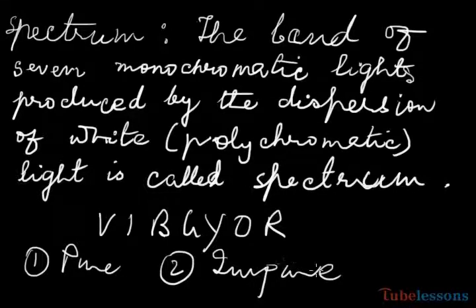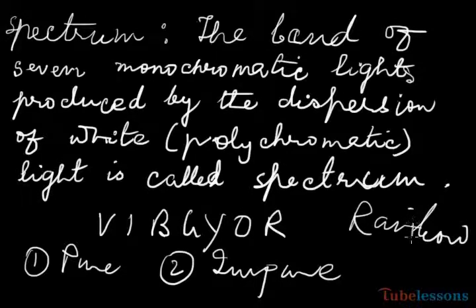The example of impure spectrum is rainbow. It is impure and it is a natural spectrum. What is rainbow? Just after completion of rain, when rays of light coming from the sun get dispersed after passing through the droplets of water, a few droplets of water float in the sky after completion of rain, and then the sun rays pass through the droplets of water, and then the rays get dispersed and an impure spectrum is formed, and this impure spectrum is rainbow.